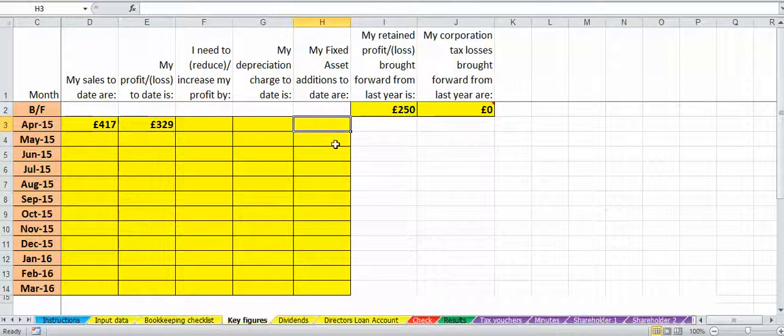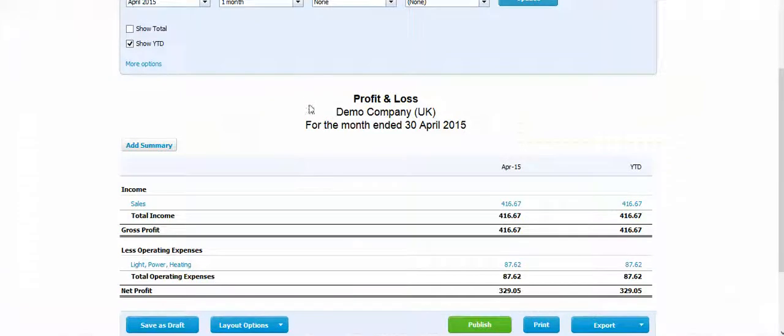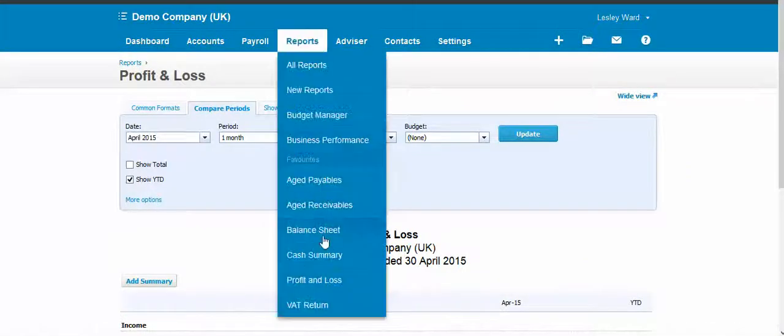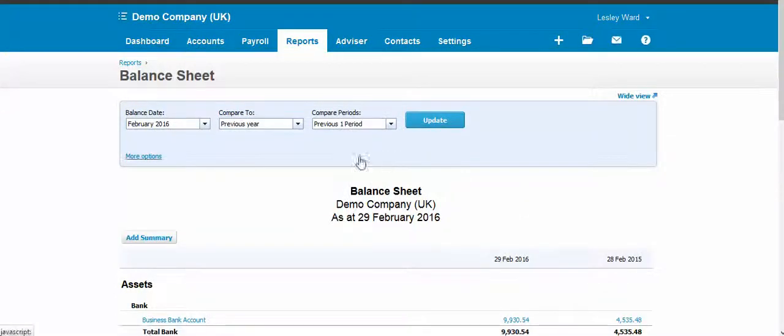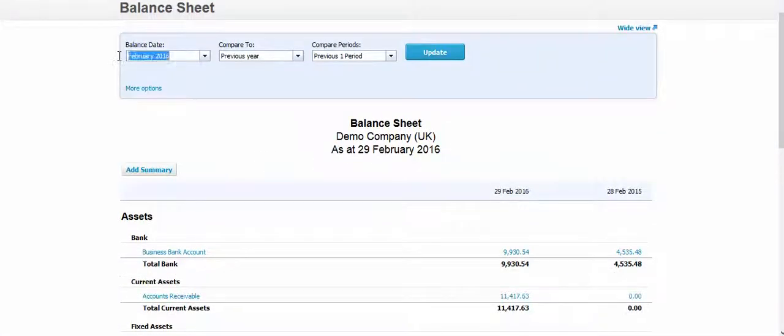And if you've made a lot of fixed asset additions during the year, again you want to enter those in, and we're talking about hundreds and hundreds of pounds worth of additions, not just the odd laptop or the odd printer. And where would you get your fixed asset additions from? In Xero, you would look at your balance sheet and you would compare.